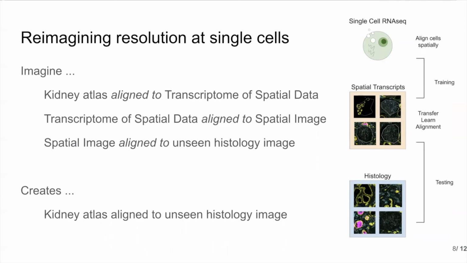Aligning this tile of transcriptome information to the actual image, and then aligning that image to unseen histology image allows you to create a mapping or alignment between kidney single-cell RNA-seq to unseen histology. And that's what we see on the right diagram.